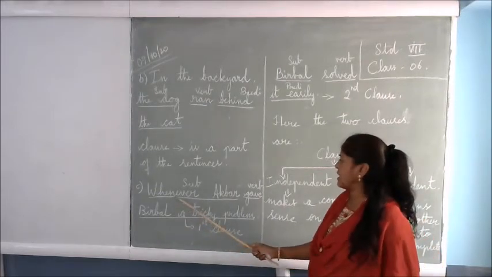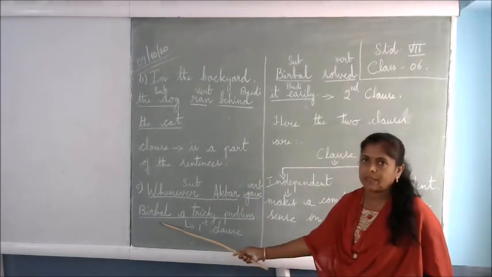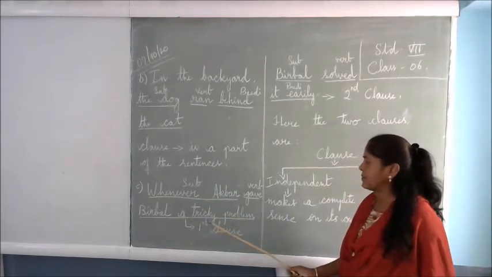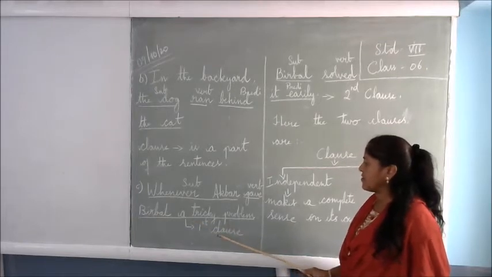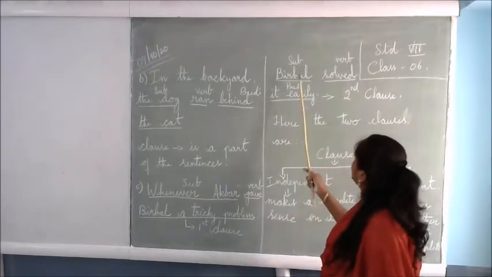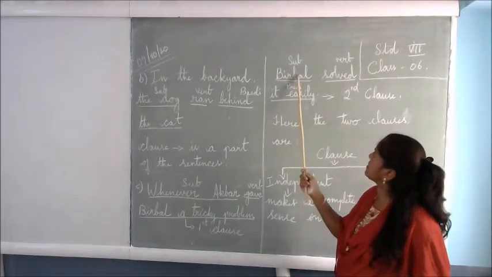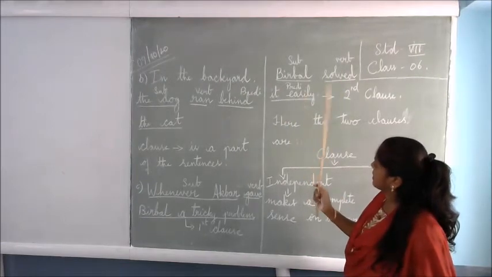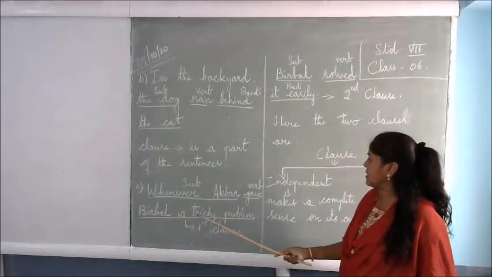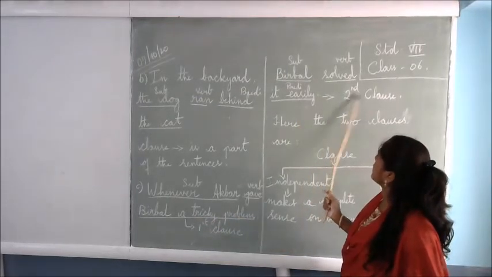Because see, whenever Akbar is the subject, gave is a verb, Birbal a tricky problem is a first clause and Birbal solved it easily. Here Birbal is the subject, solved is the verb and it easily predicate. Here also a tricky problem is the predicate. Got it children? This is the second clause.